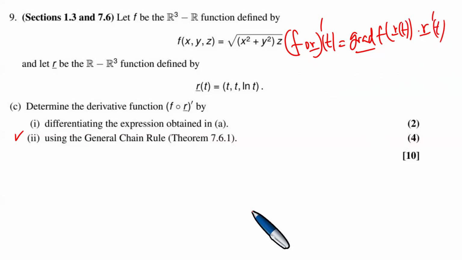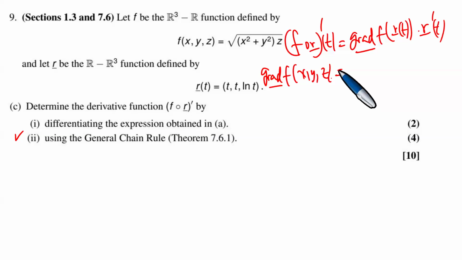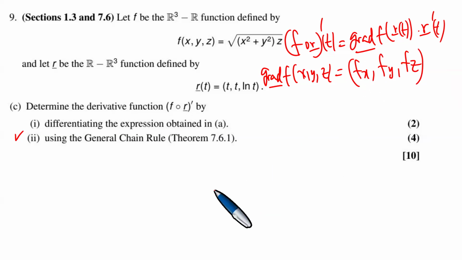So what is the gradient? The gradient of f of x, y, z is the partial derivative with respect to x, with respect to y, with respect to z.